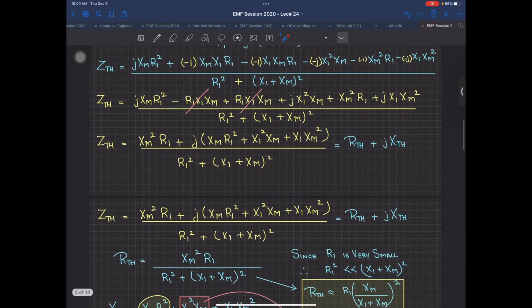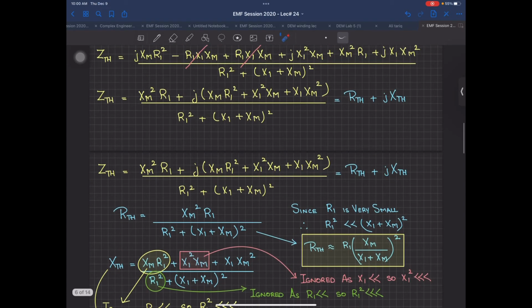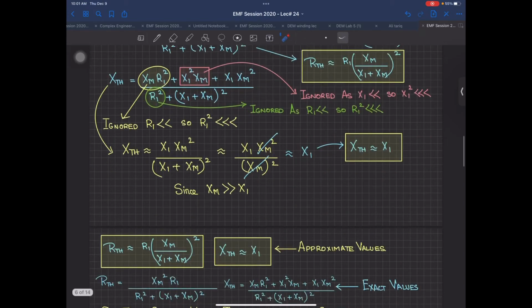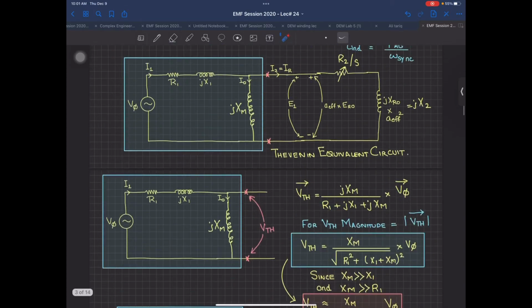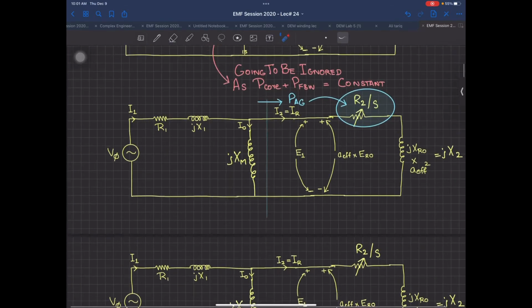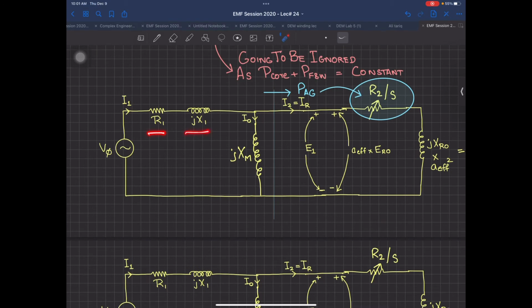But one thing very, very important: in the exam, if your question is just of maybe 3 or 4 marks, then no need to apply the accurate formula. Just go with this r Thevenin and x Thevenin. Because in any of the numericals, you will be given r1, you will be given jx1, you will be given jxm, you will be given r2, s will be given separately, and then jx2 will be given.